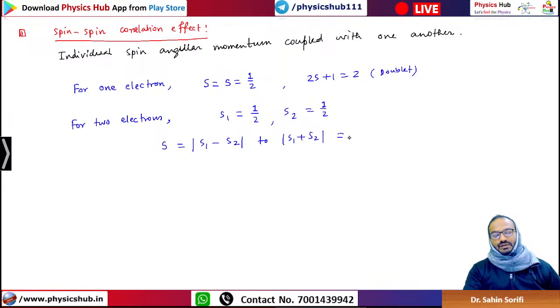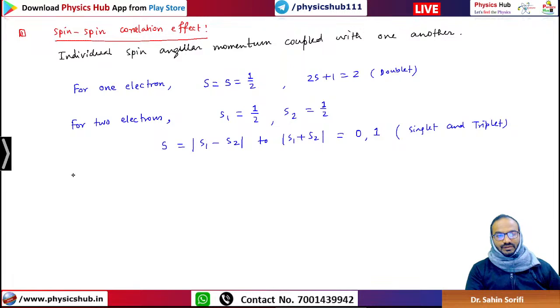You can see half minus half is 0, and half plus half is 1. So for 2S plus 1, 2 into 0 plus 1 is 1, and 2 into 1 plus 1 is 3. So what you get is a singlet and a triplet.